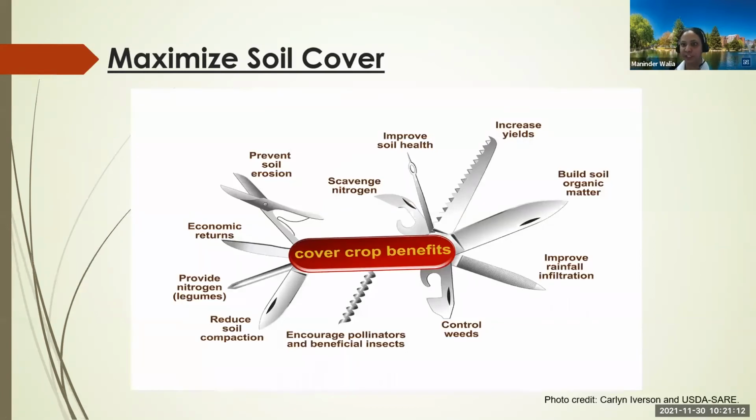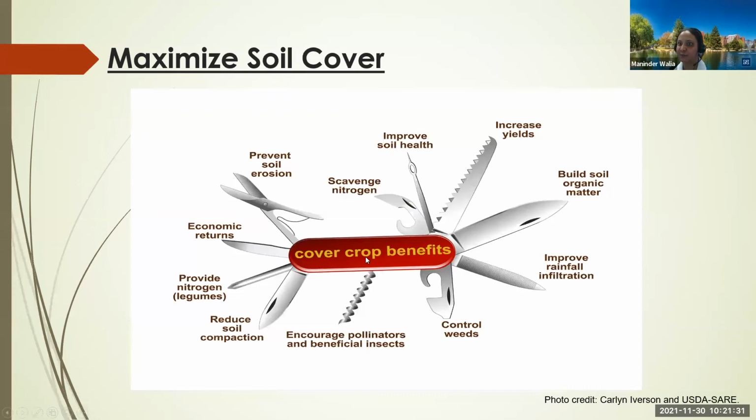Going on to cover crops, I didn't dictate much in the previous slide, since I have a couple more slides on the same. One of the favorite slides that I want to bring attention to says cover crops are like a Swiss Army knife because of their dynamic utility on the farm.